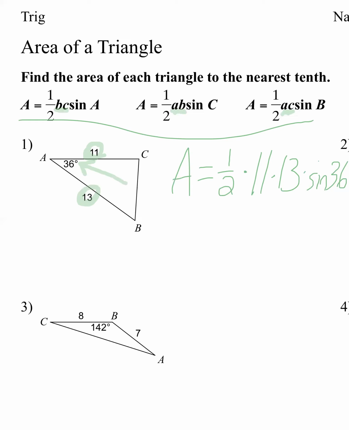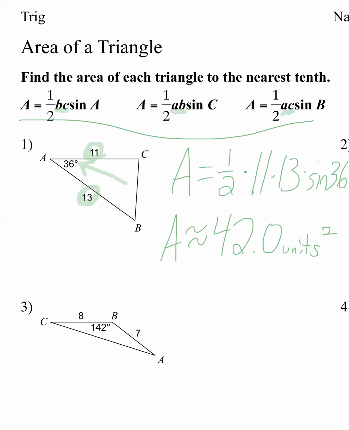Oh, they went to the nearest 10th. Okay, so that would be 42.0. They didn't give me any units, but remember that area is always units squared. So that would be helpful to throw on there. Okay, that's literally as hard as this gets.